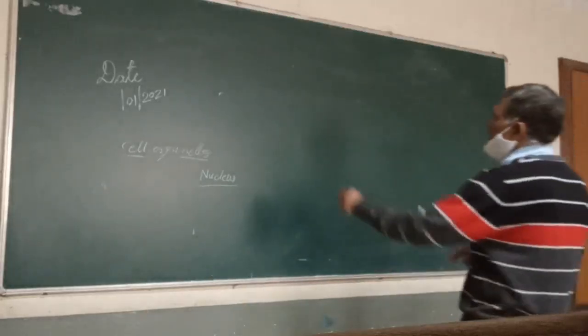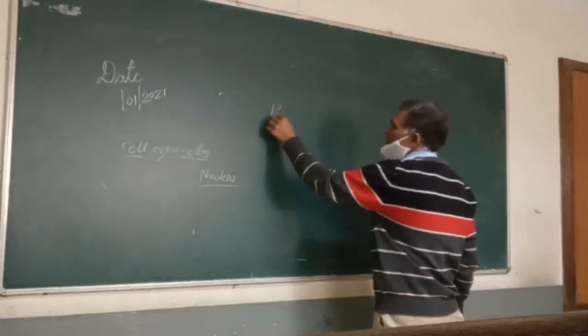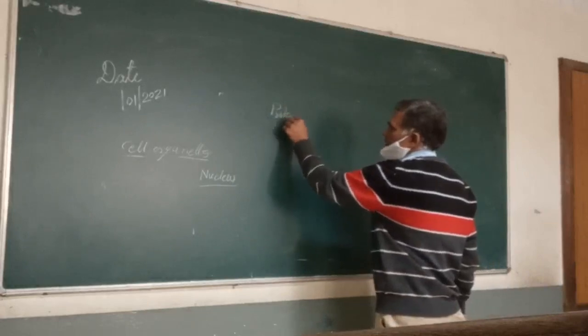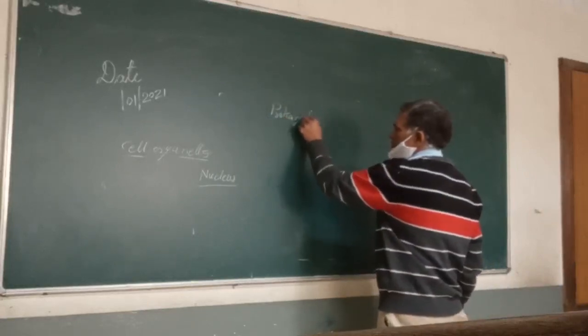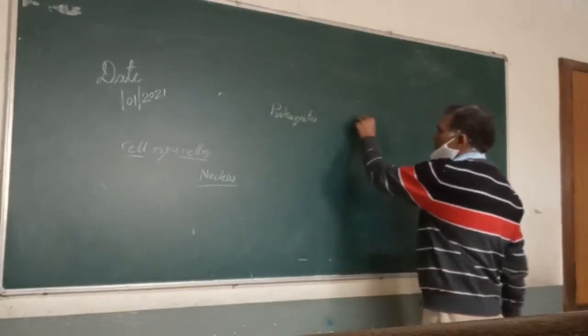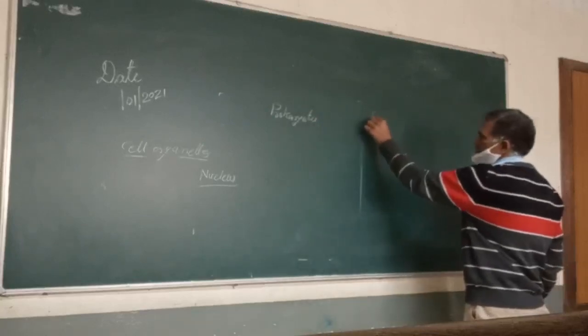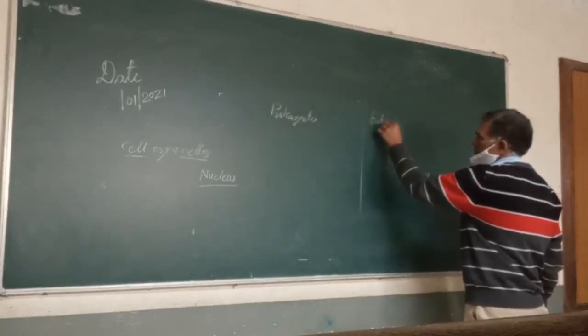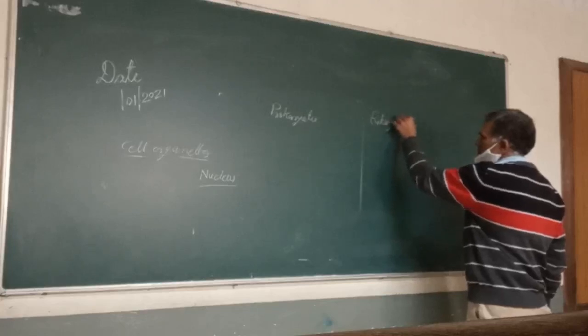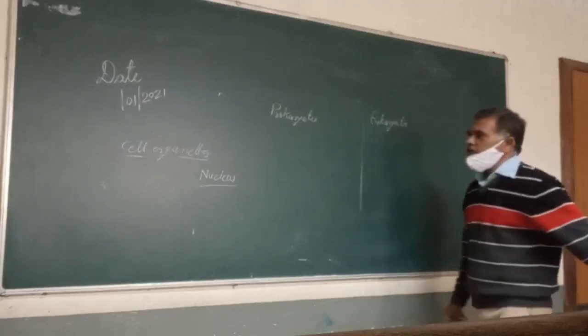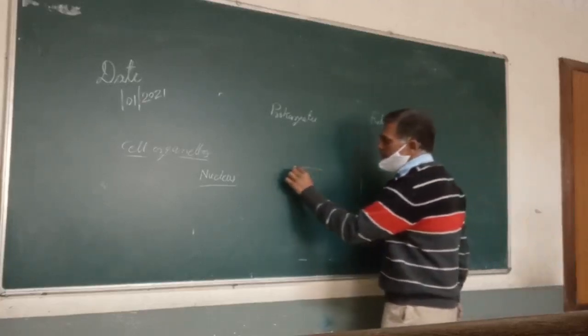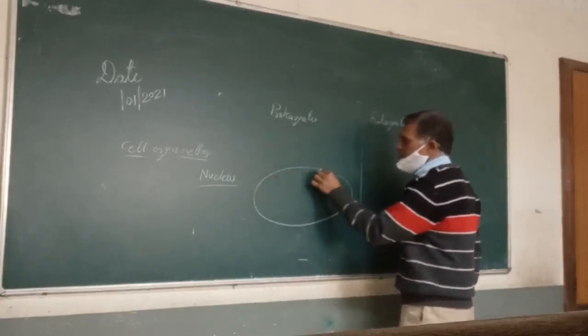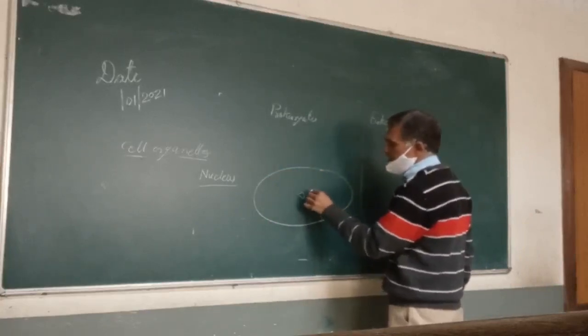So on the basis of the nucleus, cells are divided into two types: prokaryotic cell and eukaryotic cell. In prokaryotic cells, the well membrane-bounded nucleus is absent.